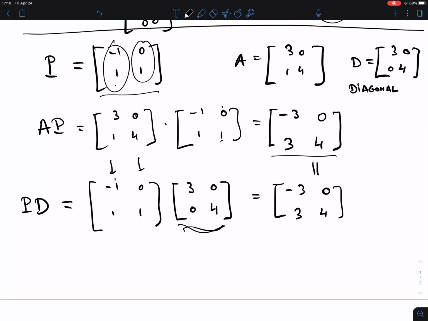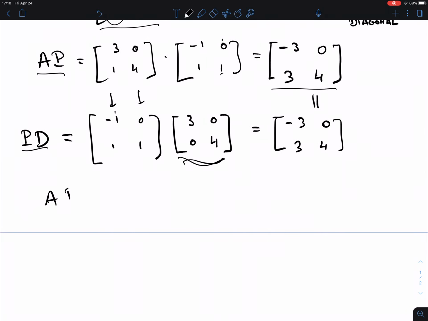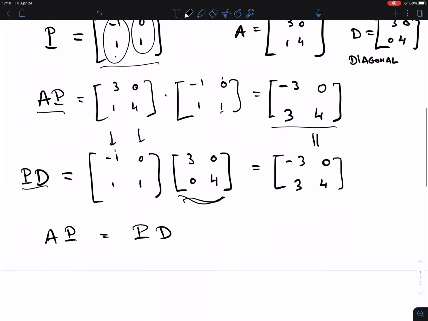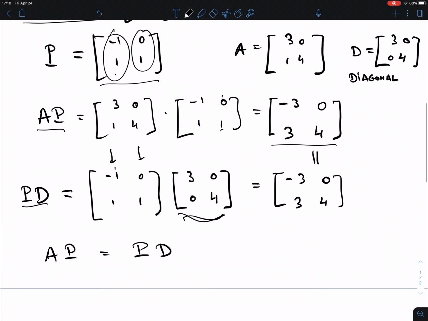What I've now shown in my two calculations is that if I multiply AP or I multiply PD, I get the same thing. So that means that A times P is equal to P times D. And I'm going to do one thing. First of all, it's not perhaps clear, but it will follow from the theory that P is an invertible matrix.